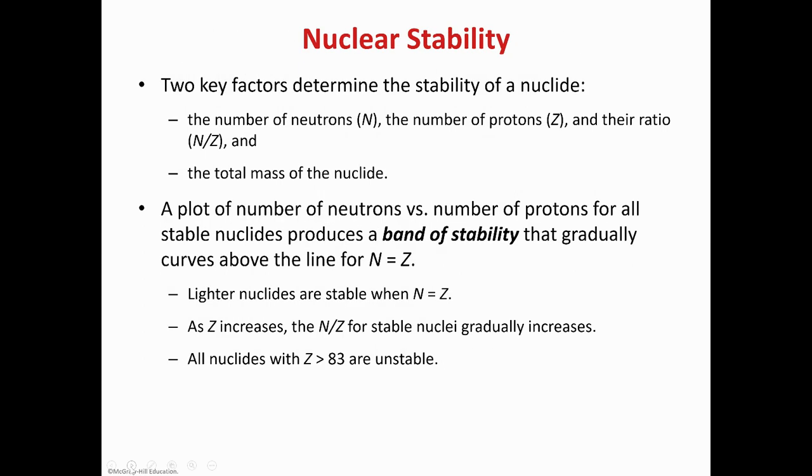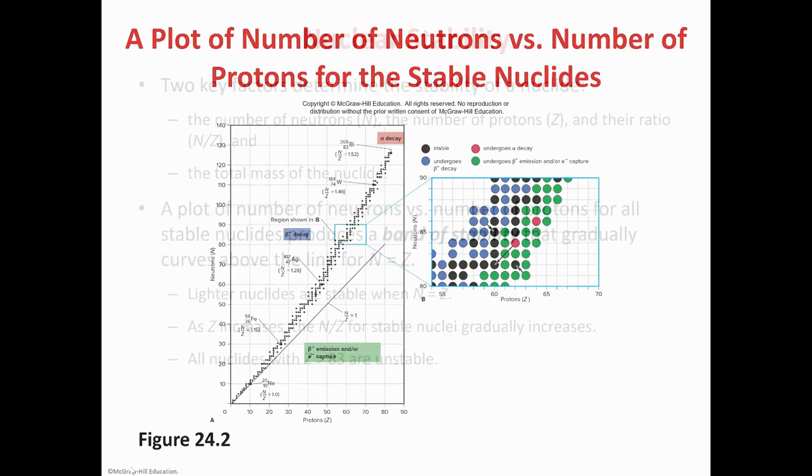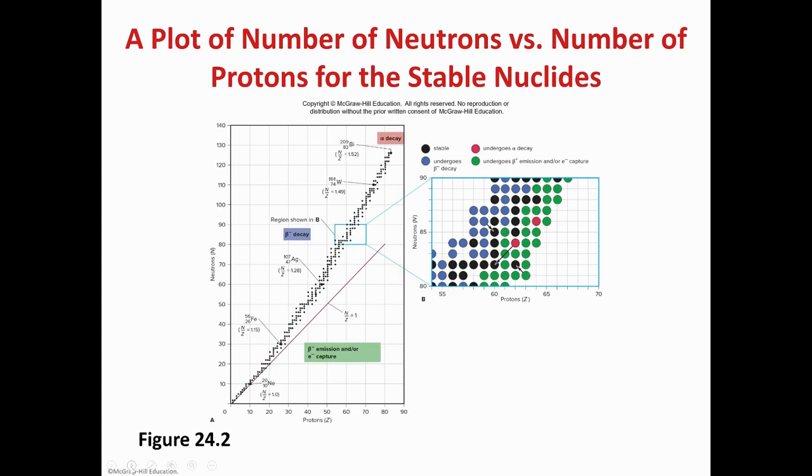Okay, now the question that should come up in your mind is which radioisotopes prefer which decay? Why are they radioactive to begin with? So the idea is the following, and I really like this picture. This is a reference, but this is a great slide, and this should be something that you look at closely.